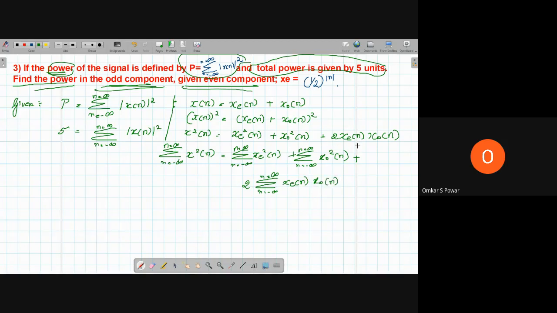I have just put the summation for each term.